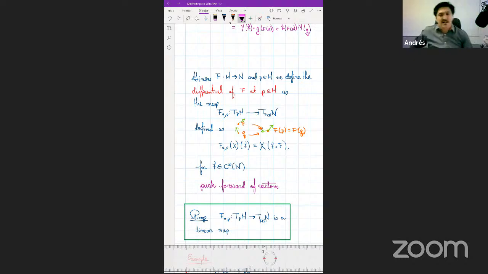Good. So this is the important concept that we will try to get used to. I'm not going to prove the proposition, that's left as a homework problem. You can check that it is linear.